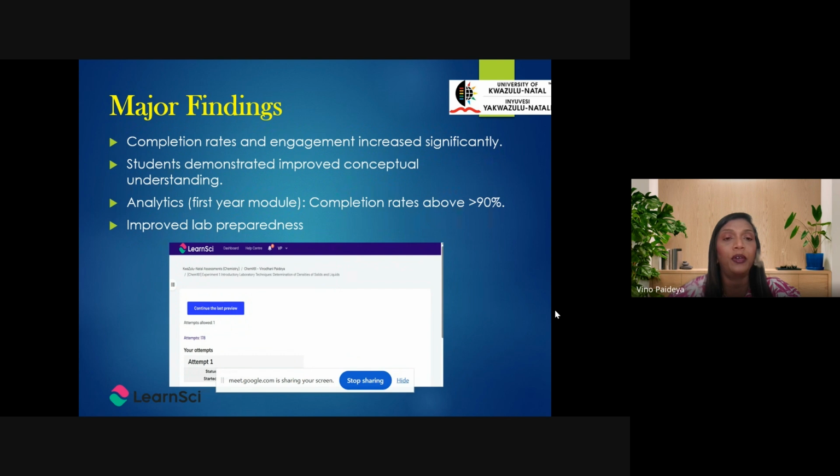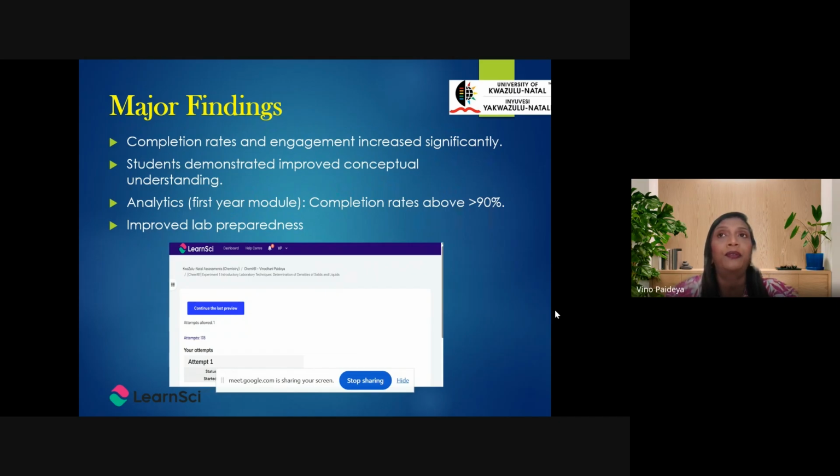So what were our major findings in this exercise? We found that completion rates and engagement increased significantly compared to prior, where students would enter the lab without completing the pre-lab exercise. And this really caused a lot of problems in the lab. Students demonstrated improved conceptual understanding.